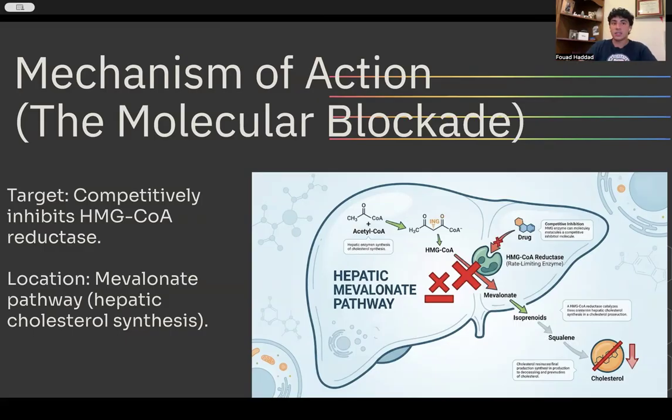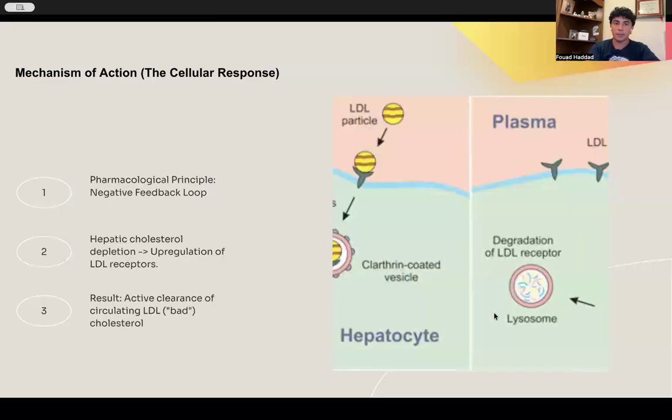As you can see in the diagram, this is the rate-limiting enzyme located in the mevalonate pathway, which is responsible for the endogenous synthesis of cholesterol in the liver. As we can see in this flowchart that I created, blocking this pathway helps to lower your cholesterol levels.